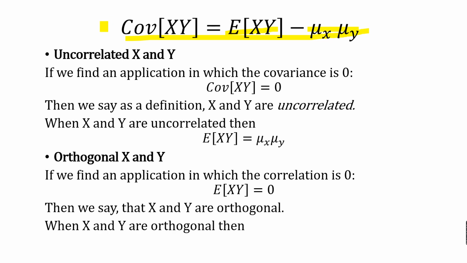Apply that concept to this formula. As a result, covariance of xy equals minus mean of x into mean of y. So when do you say that x and y are uncorrelated? Only if covariance of x and y equals 0. To say that x and y are orthogonal to each other, correlation of xy should equal 0. All right.